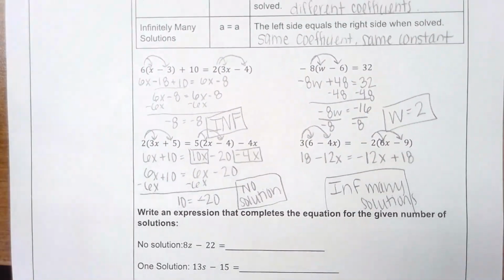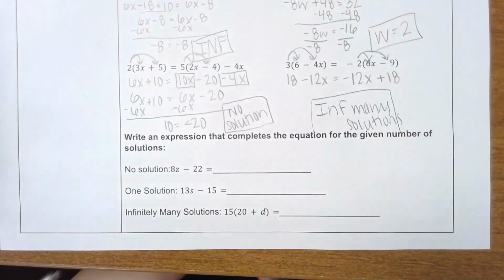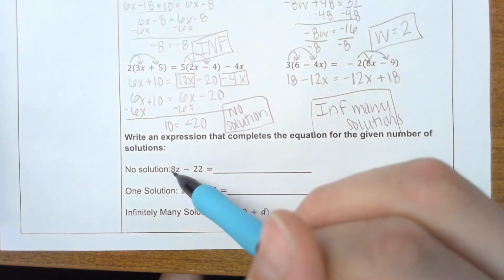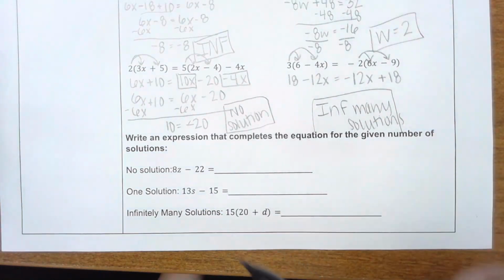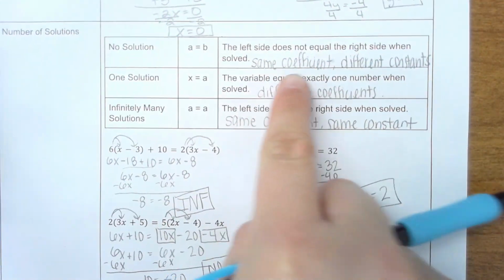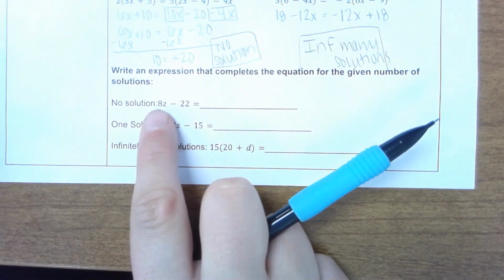Alright guys, and then looking at the bottom part here, you just need to write an expression that completes the equation for the given number of solutions. So if we are looking for an answer that has no solution, and I have the expression 8z minus 22, again, your characteristics of no solution means that you have same coefficient on both sides and different constants. So looking at my coefficient, on the left side it's 8.